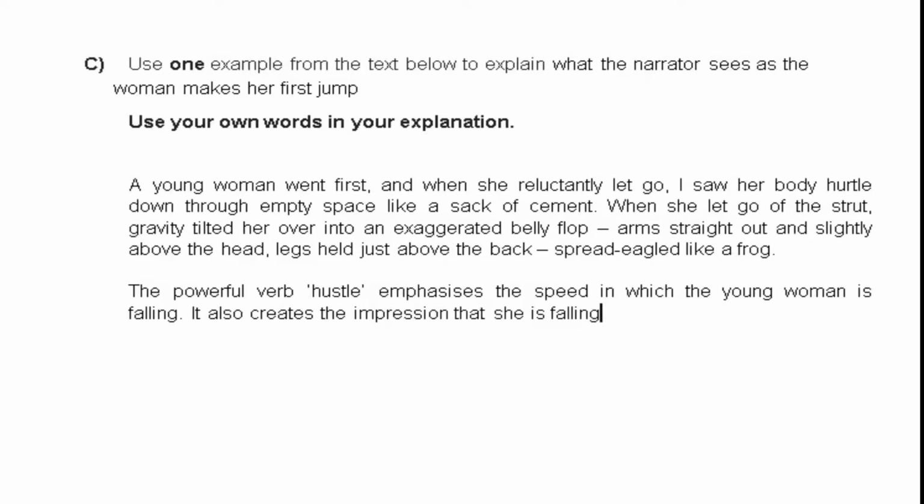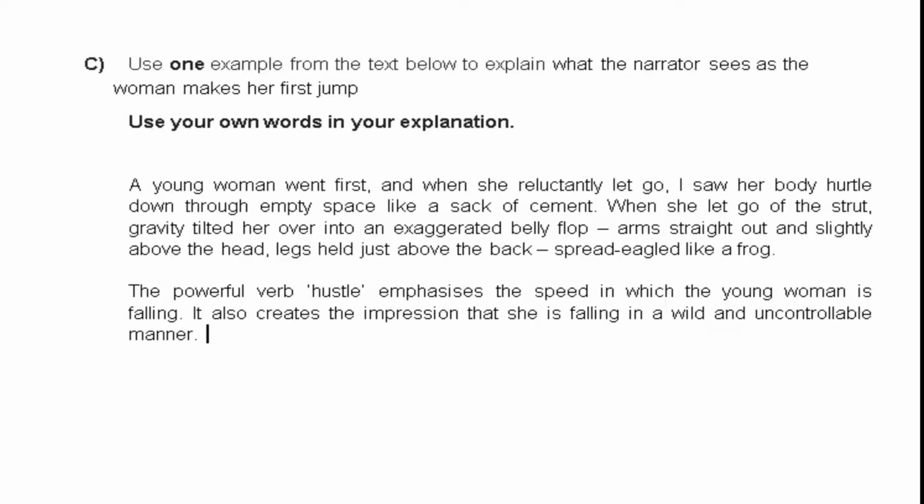Okay, let's put she is falling in a wild and uncontrollable manner. I guess that's one point, and let's link it, I guess, to the woman's experience or perhaps her feelings. So let's put, as a result, this makes it seem like a frightening experience. So let's just read that out again.